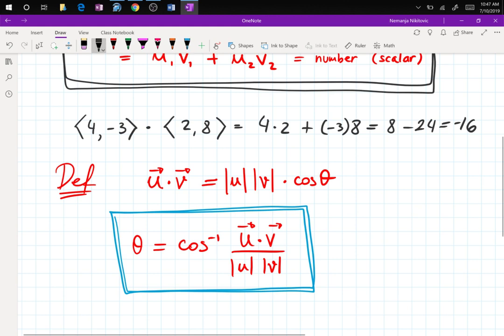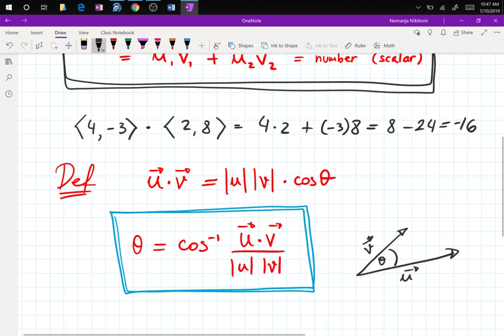So the accompanying diagram over here would be to just draw two arbitrary vectors u and v and call the angle in between them theta. Because we did call angle of each individual vector theta, and it's just not the same thing.